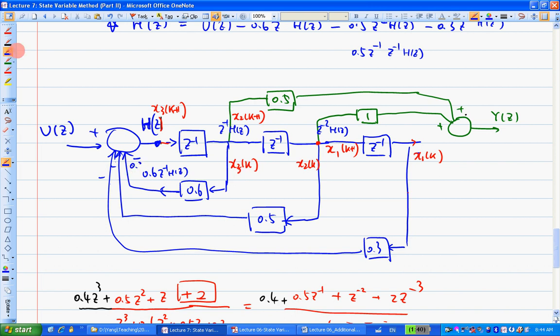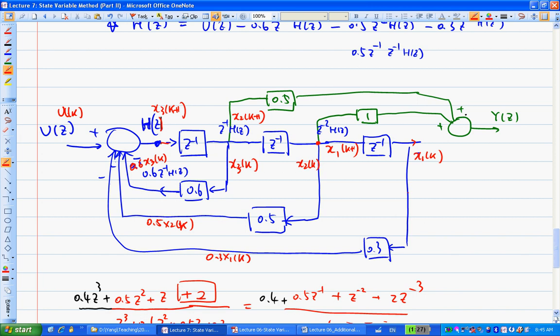And this signal here is 0.5 x2 of k, so we're using the state variables. And this signal here is 0.3 x1 of k. And this input is u of k, single input, so just one there.